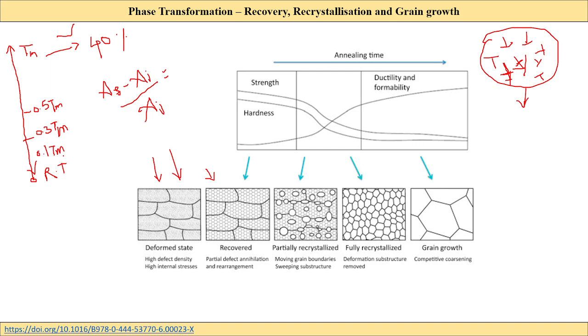If it is below 0.3 to 0.1, then we call it a low temperature or cold deformation. So above 0.5 Tm it is a hot deformation, below 0.3 Tm it is cold deformation, and between 0.5 and 0.3 it is called a warm deformation. Now if I am doing it at 0.45 times Tm, it is more a warm deformation.